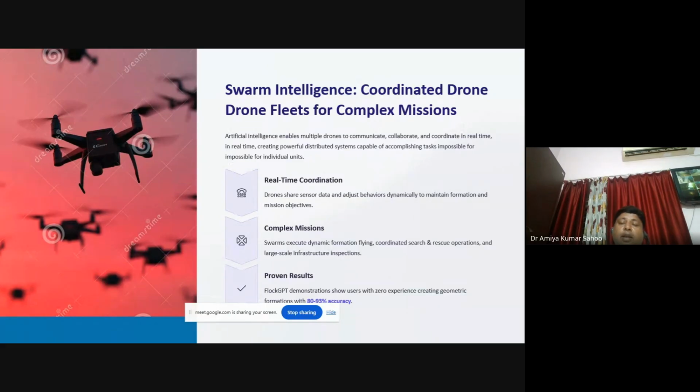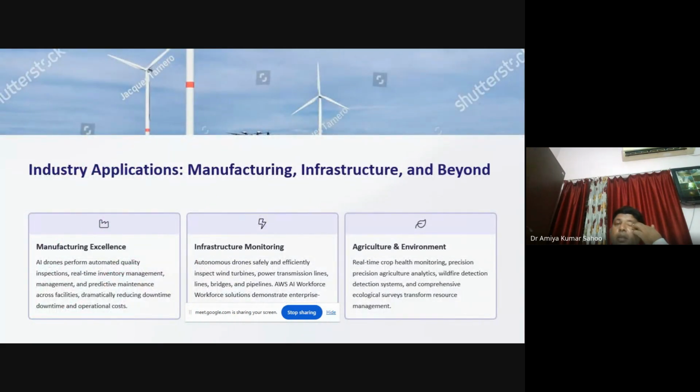In real-time coordination, the drones share sensor data and adjust their behaviors dynamically to maintain formation and mission objectives.